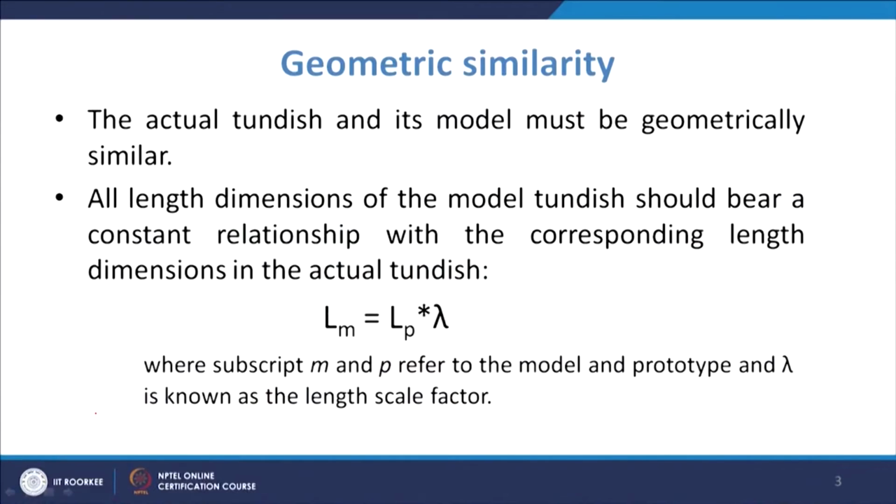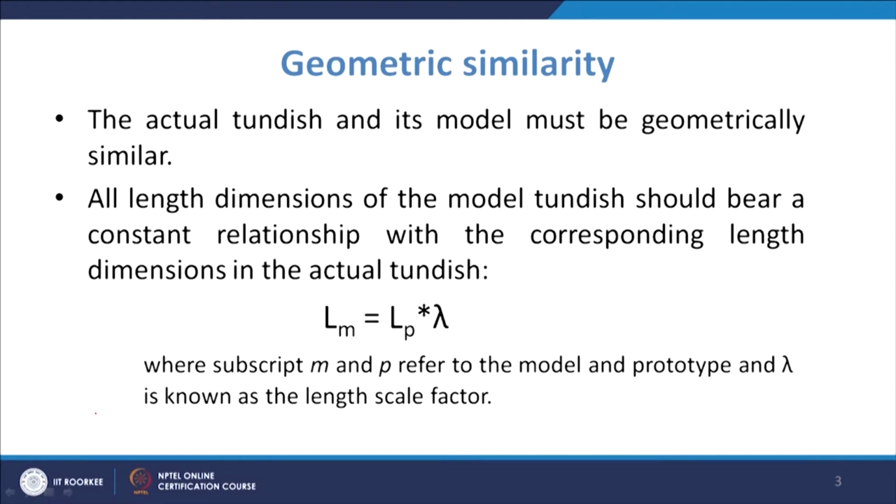Now, geometric similarity tells that the actual tundish and its model must be geometrically similar. When we are making the model tundish in which the flow has to take place, they should be geometrically similar, meaning the ratio of their geometrical parameters should remain constant.